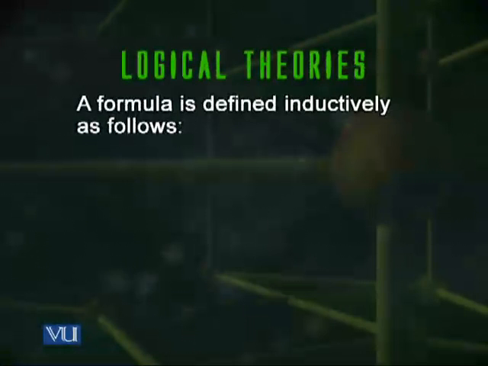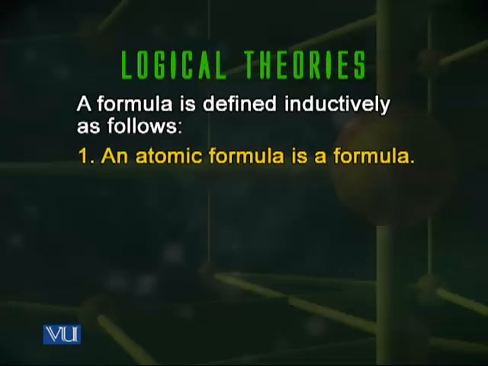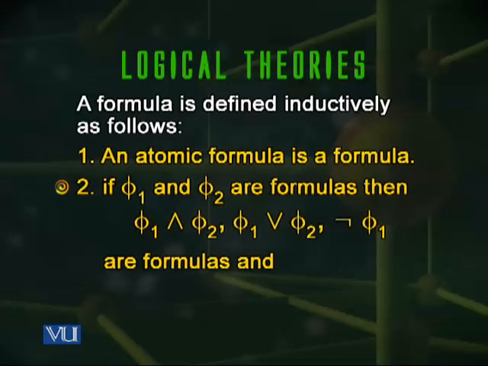Once we have defined an atomic formula, we're going to define what a general formula is. And a general formula is defined inductively, or through the principle of recursive definition, as follows. A formula is an atomic formula, and if phi1 and phi2 are 2 formulas, then phi1 and phi2, phi1 or phi2, and not of phi1 are also formulas.